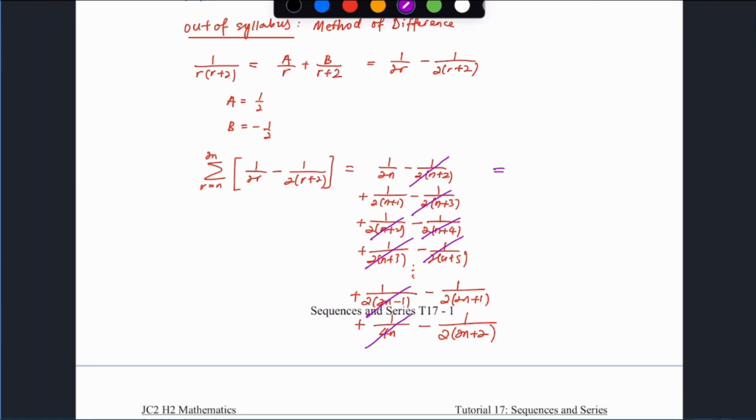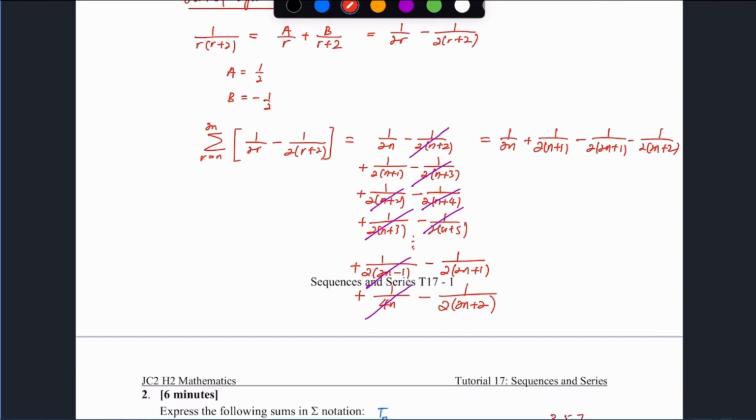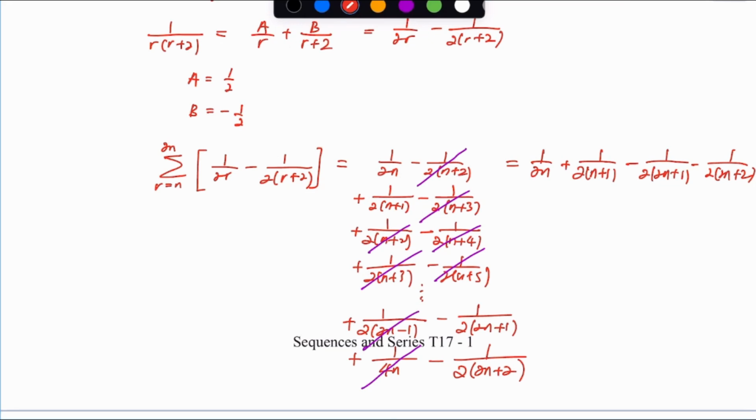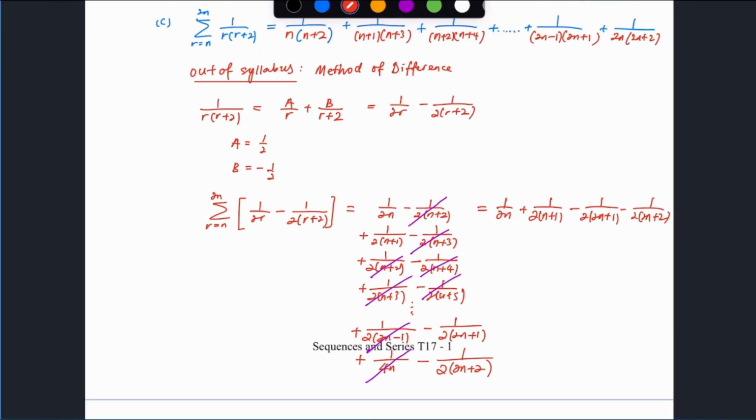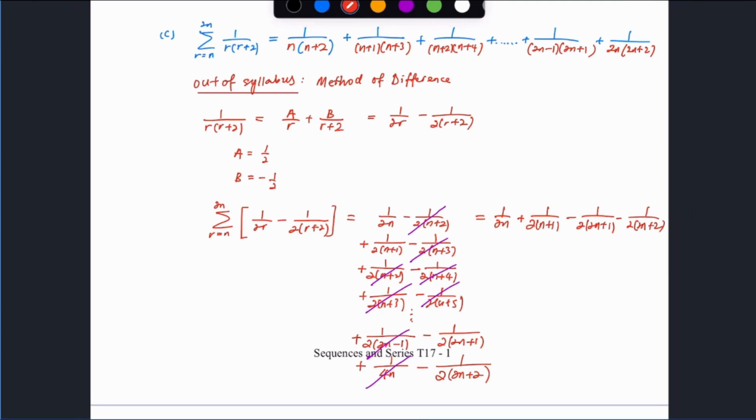So the final form will be equal to 1 over 2n plus 1 over 2 times n plus 1 minus 1 over 2 times 2n plus 1 minus 1 over 2 times 2n plus 2. Once again, this is out of syllabus, so don't worry so much. I'm just showing you to expand your horizon, expand your repertoire.